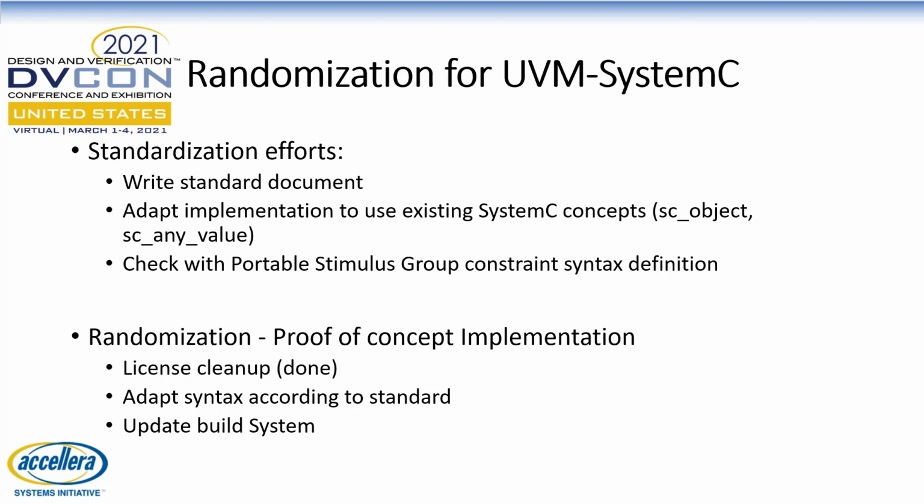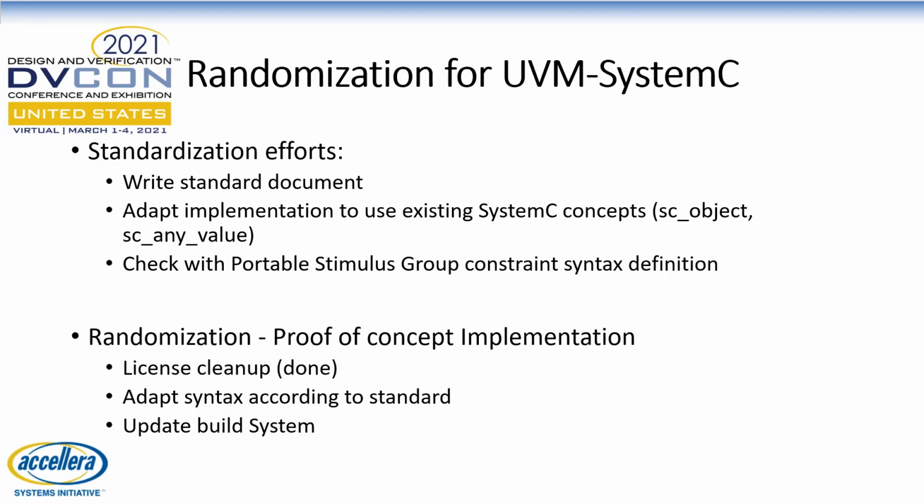There we have already in SystemC the sc_object concept, and in UVM we have uvm_object, and we are trying to align CRAVE to it so that it feels kind of similar. And another thing is we have to define a container type. In CRAVE it's called crave_variable as template type, and we are looking at other types like sc_uint to support them also in randomization and to give the SystemC user a kind of familiar interface.